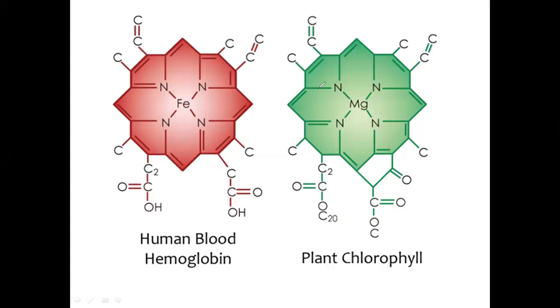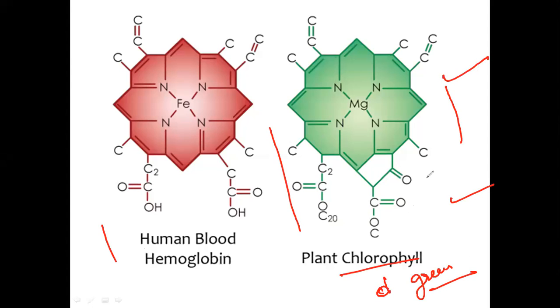In plants, the pigment which is called chlorophyll is green in color. The structure of this chlorophyll is exactly like this. There is a central metal which is magnesium and it is coordinated with four nitrogen atoms. You can see here this metal is coordinated with four nitrogen atoms.